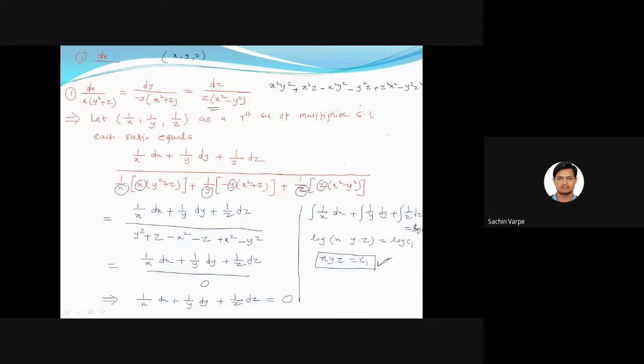I think this is also not working, na? x square y square is getting cancelled with this x square z. No, it will not work actually. This also will not work.